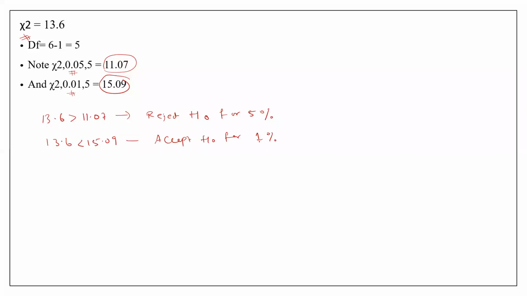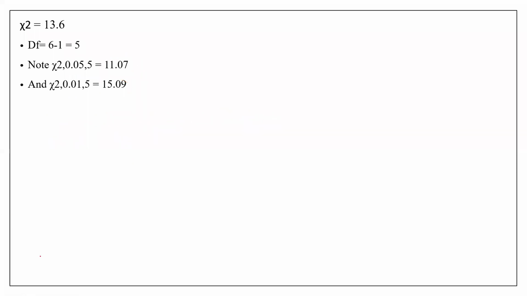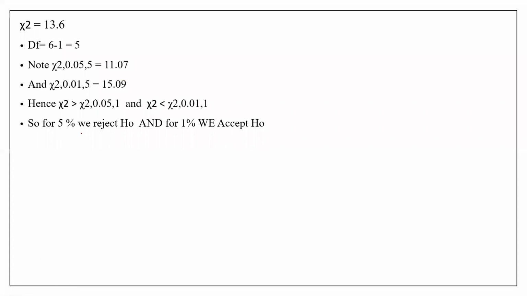Because 1% means 99% confidence, you can say that your dice is totally fair. This is what I have written here. So for 5% we are rejecting the hypothesis, and for 1% we are accepting the hypothesis.